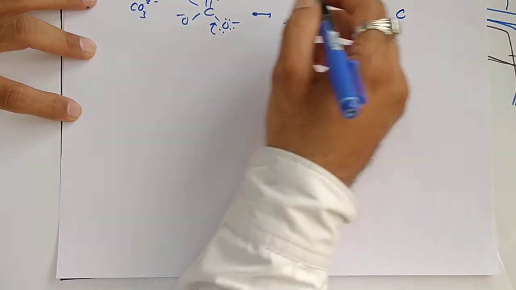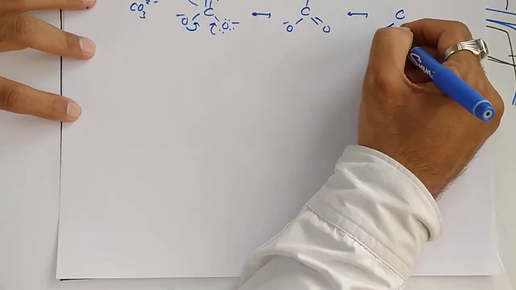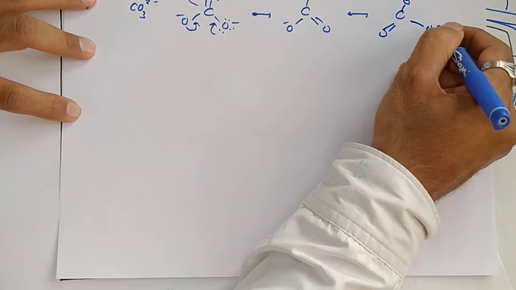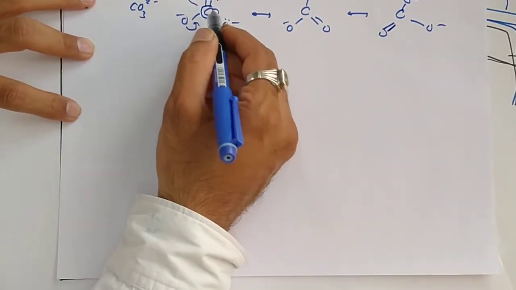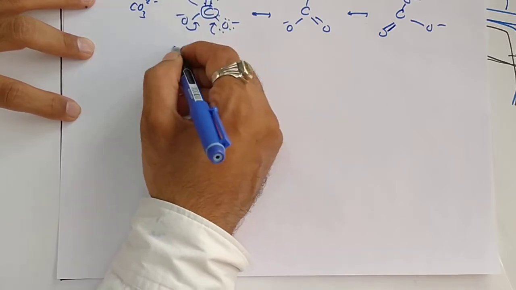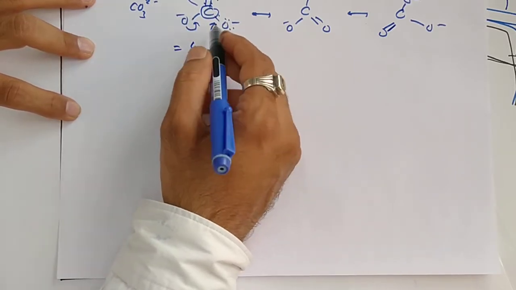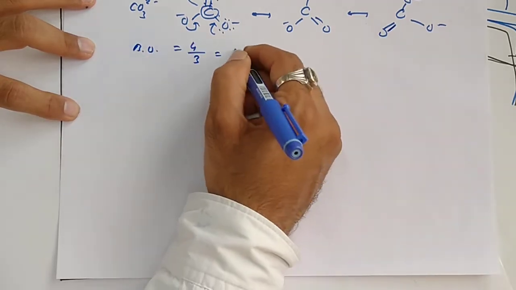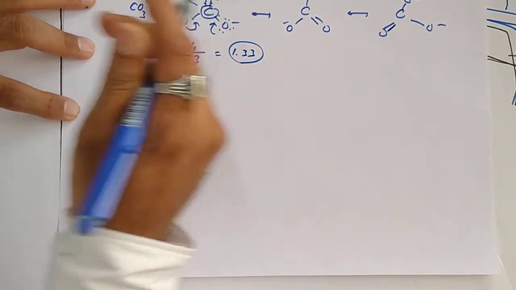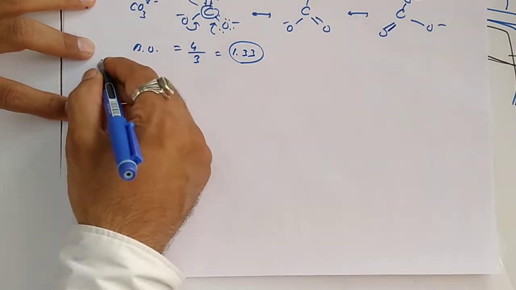Now these 2 come here. So how many resonating structures are there? 3. Total number of bonds 1, 2, 3 and 4. Divide by the number of resonating structures, 3. So here the bond order is 1.33 in carbonate.